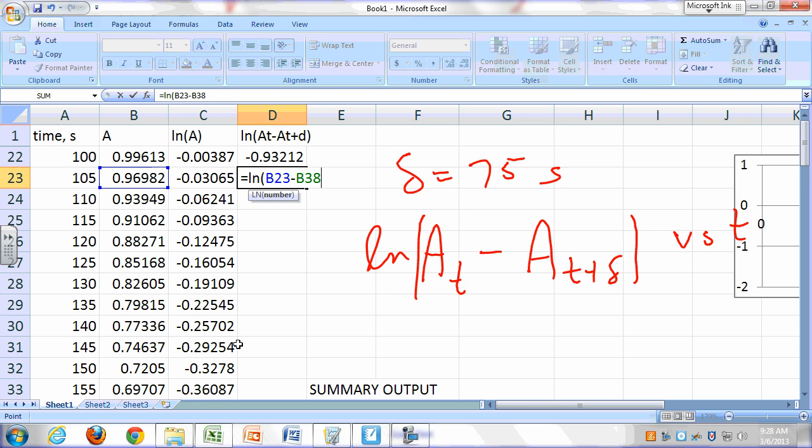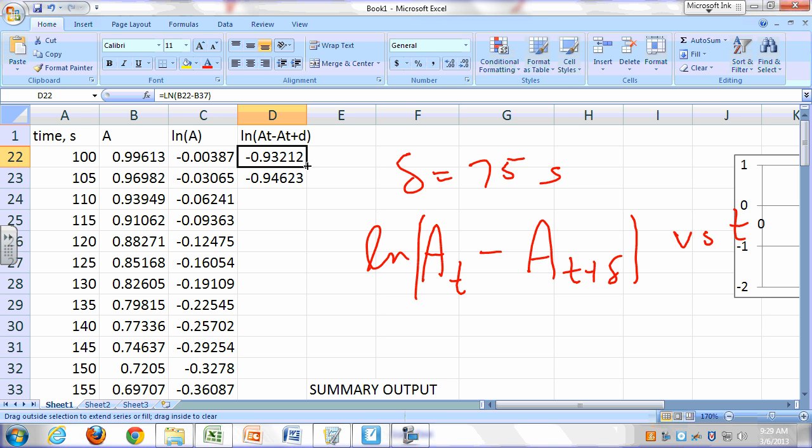All right, so that is my ln at B30. This is equal to ln of A at time 105 minus A at time 180, right? So could I have just copied that? It should be 23 to 38. So let me copy that one. So it's the same thing. So let me just copy that down to the rest of my column.